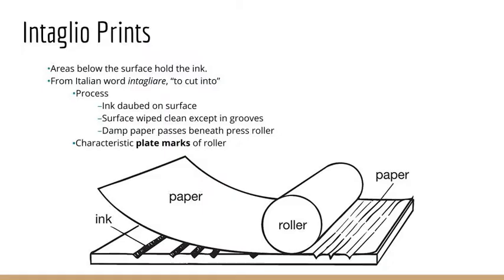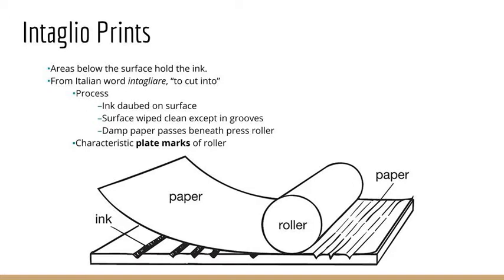Now let's talk about intaglio prints. Intaglio prints are kind of the opposite of relief prints in a way. The areas below the surface are what holds the ink. So it's not the parts in relief that hold the ink, but instead the parts that you carve down.